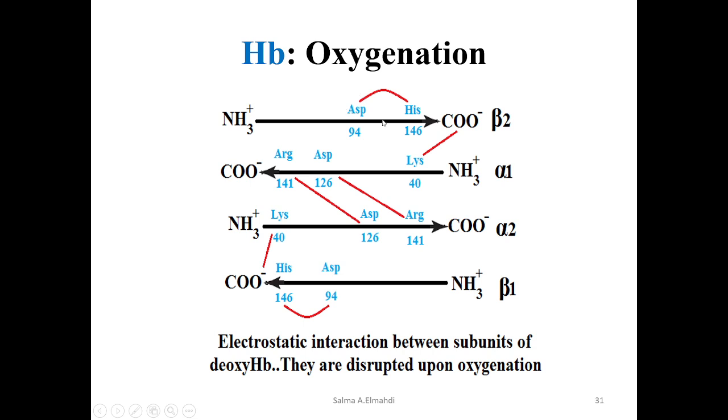So all of this shown in red, the salt bridges, will be broken due to the movement, or the pulling, of the iron into the heme plane. That movement will rupture all these bonds shown in red.